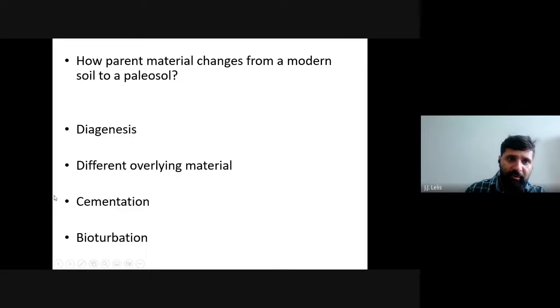Or even bioturbation, because the change of climate conditions also can differentiate and mix the parent material properties. So the burial process is quite important because first of all, it can possibly add a new material, and the overlying material has different properties.